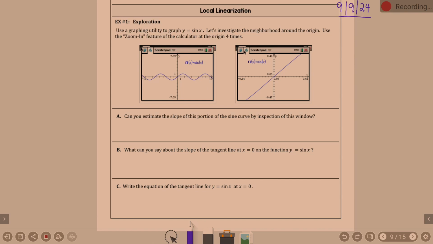Yeah, it looks like it might be 0.5. Well, that's what I was kind of looking at. It looks like if I go up 0.05 and over 0.05, I'm going to be about the same place. So would you say it appears to be about 1? Yeah. Okay. We don't know exactly, but I'm going to say that.